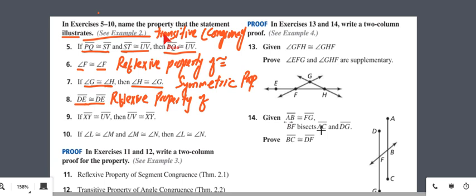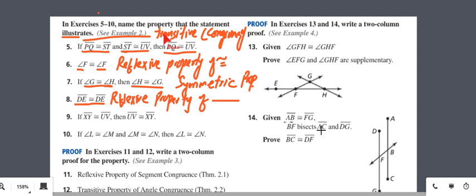Okay, I think there is very little space, so I can't write it. But did you get it? This is the reflexive property of congruency of line segments. Clear?